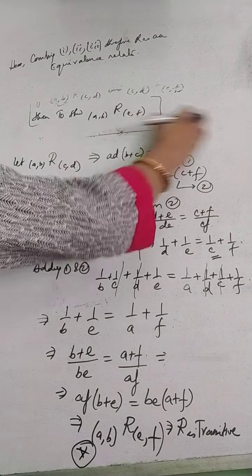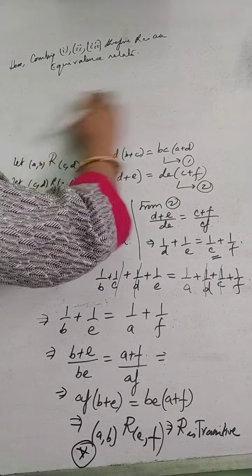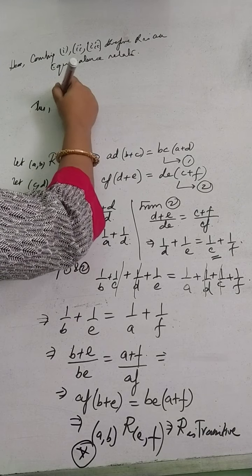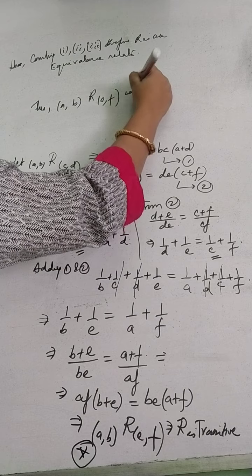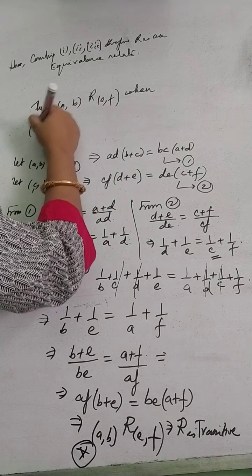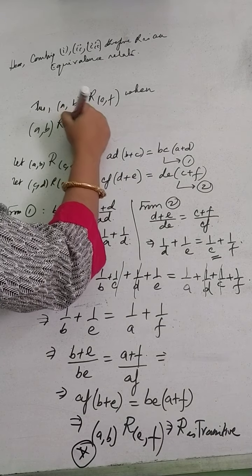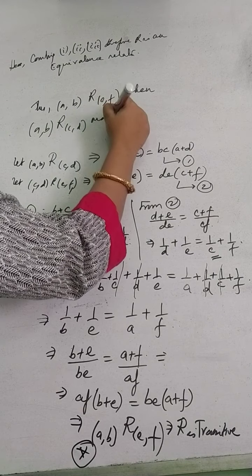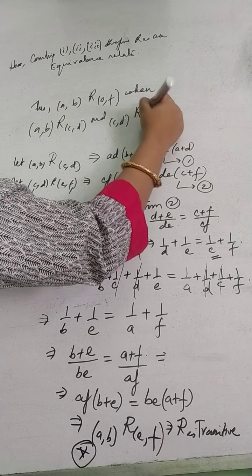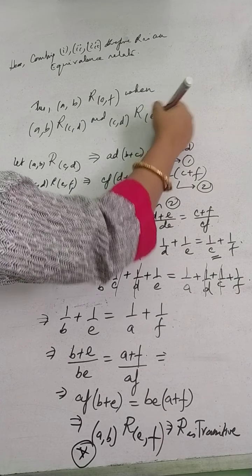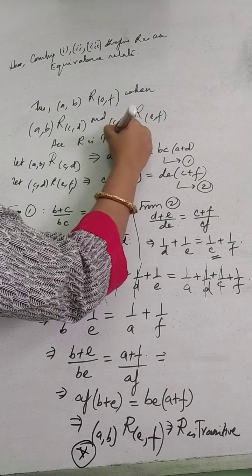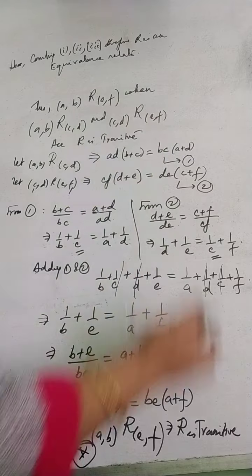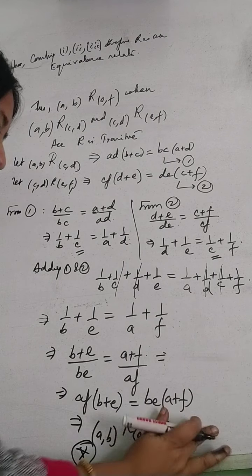Hence R is transitive. That is, before writing R is transitive, you could have written this, okay, instead of this over here.